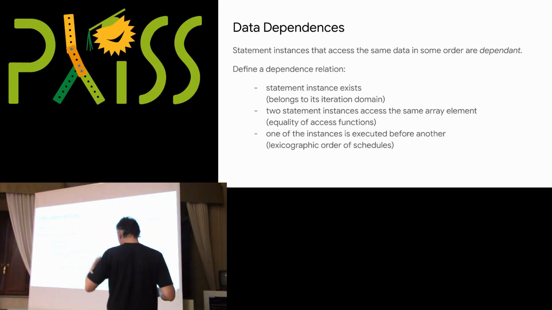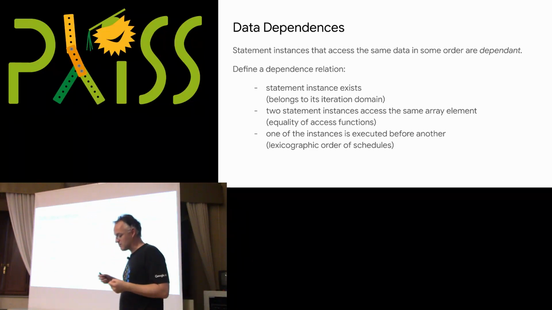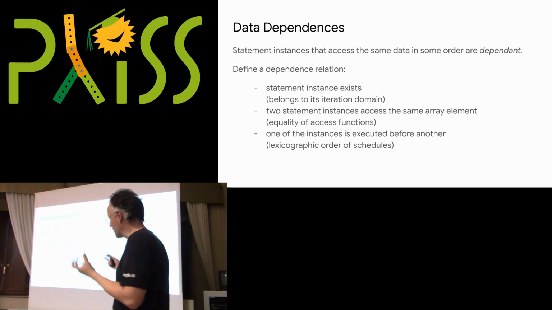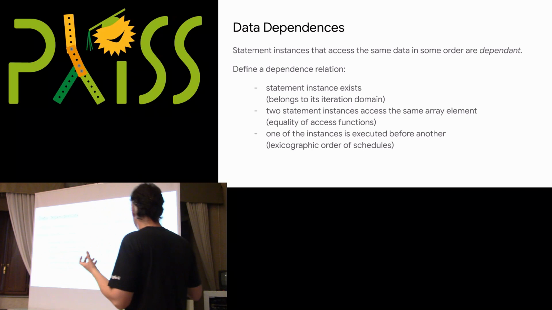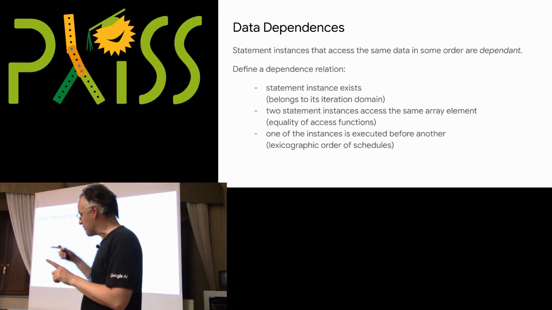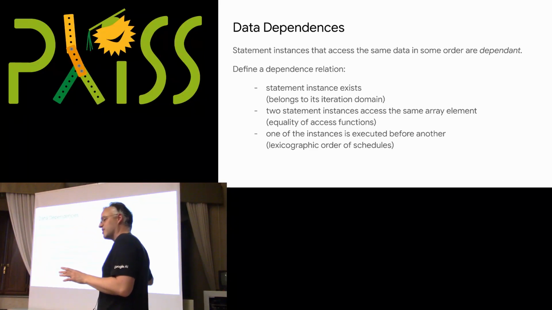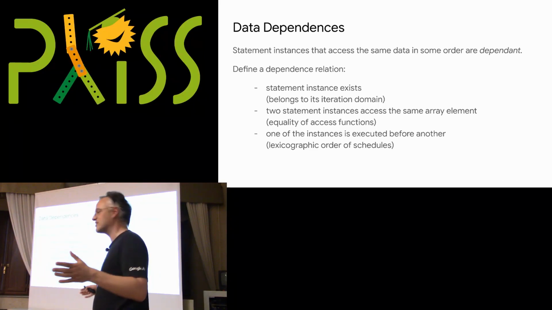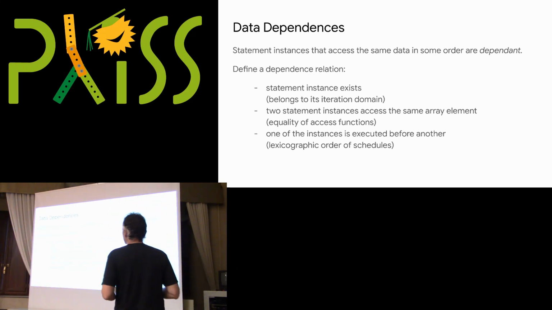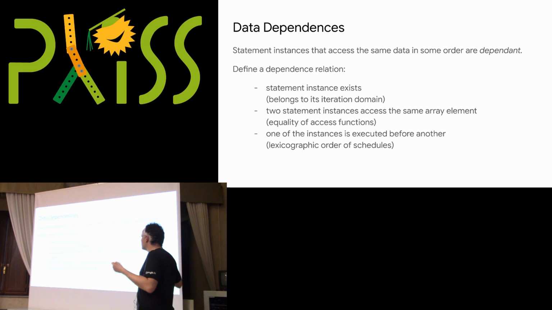So if you have one statement that writes into memory and a statement that reads from memory, you look at those precise instances, the iteration vectors, and ask which iterations access the same element. You say, maybe when i and j are equal to i prime plus 3 and j prime plus 4, that means statements s and s prime access the same element. So you write equations like this that tell you that two instances of two statements access the same array element, and you reason symbolically about that.